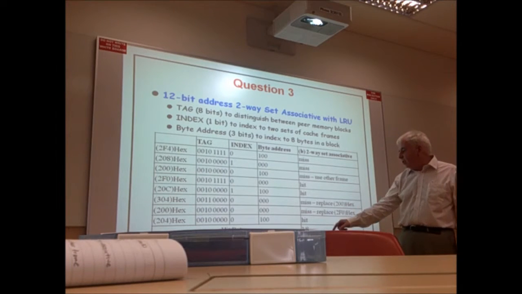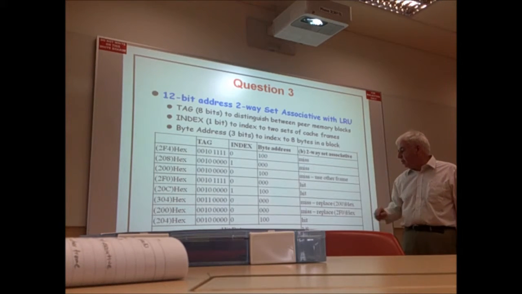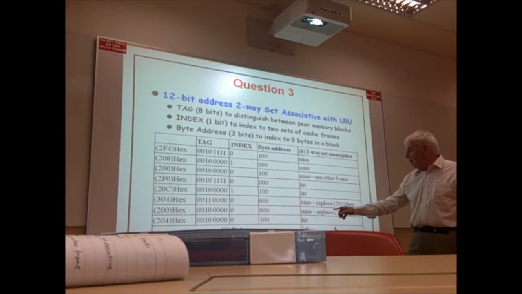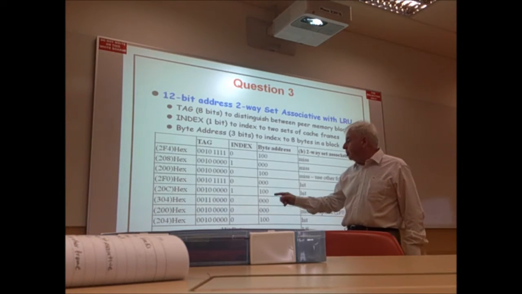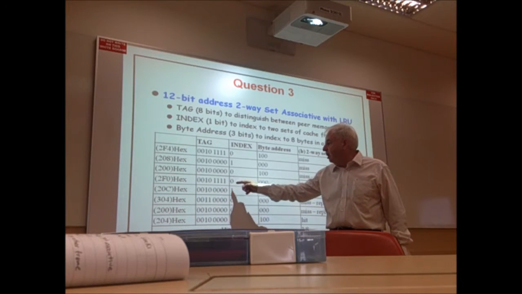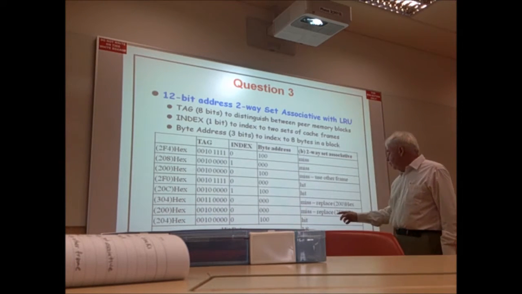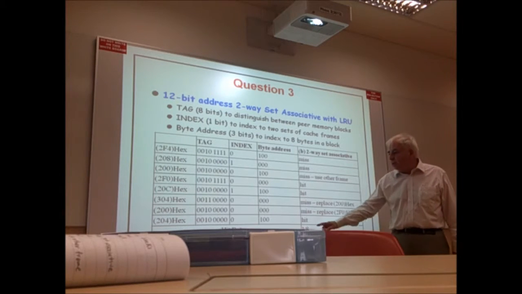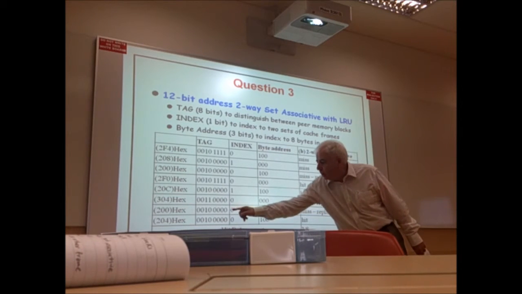And then when we access 200X, we get a miss. In this case, the least recently used in set 0 is 2F0, so we have to replace that one. And then for 204, we have a hit because it's the same block as 200.